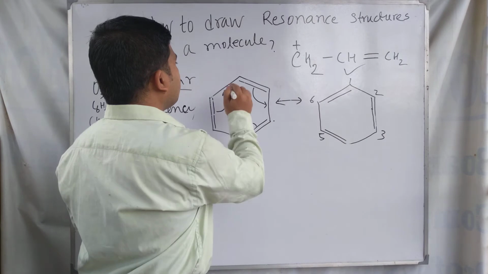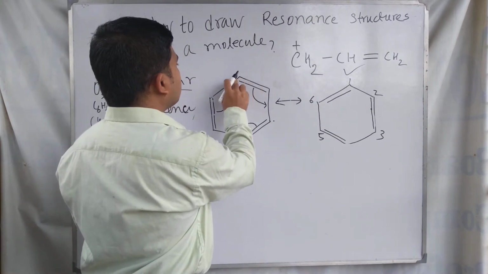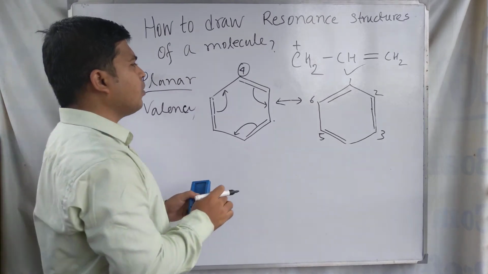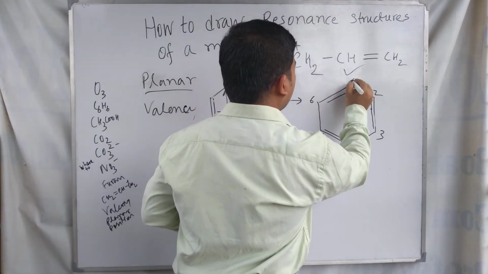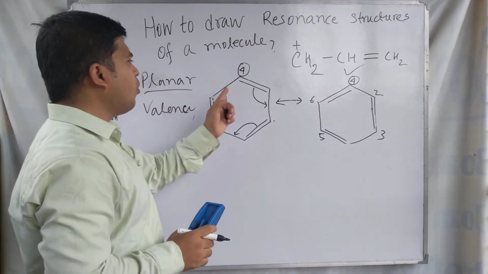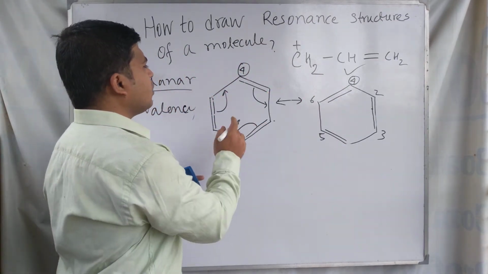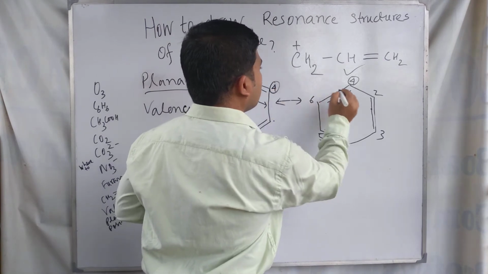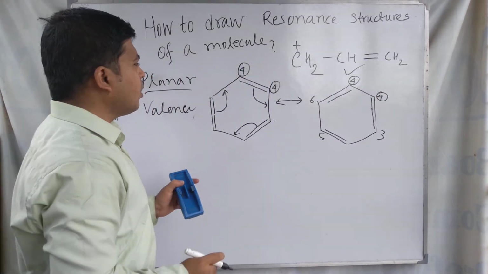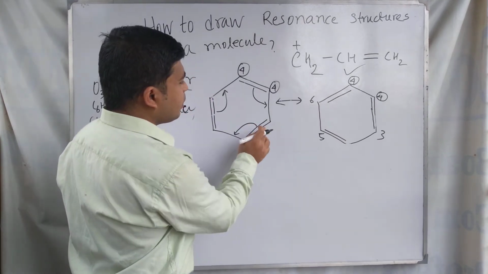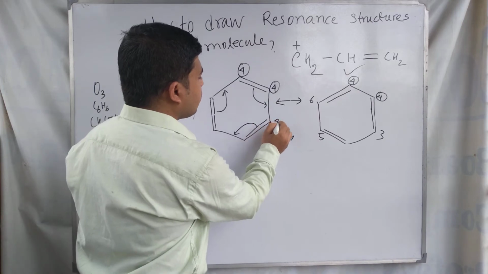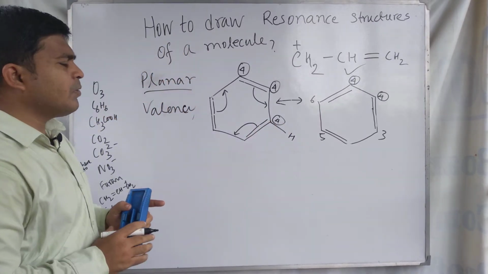See here, the valency is 1, 2, 3 and 1 hydrogen. So valency is 4 in this carbon, and in this number 1 carbon, the valency is 1, 2, 3 and 4, valency 4 in both the carbons. And you can see the valency of this carbon is 4, and the valency of this carbon is 4. And if you see the valency of the carbon, 1 hydrogen is present here, 1, 2, 3, 4, meaning the valency of this carbon is 4.